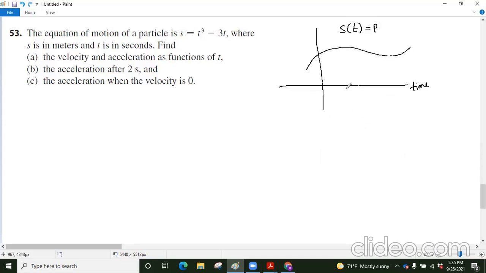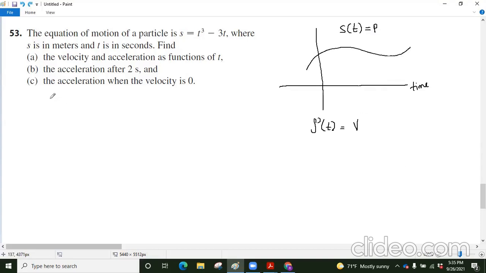And if this were any function, s of t gives us the position, but the first derivative, s prime of t, would essentially give us the velocity. So if we take the derivative of this, we're going to get the velocity.